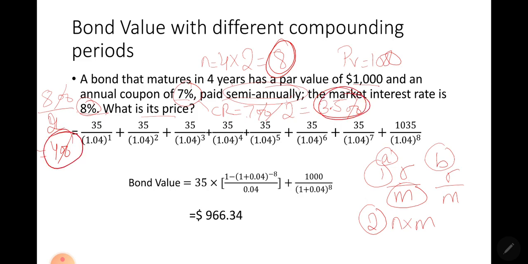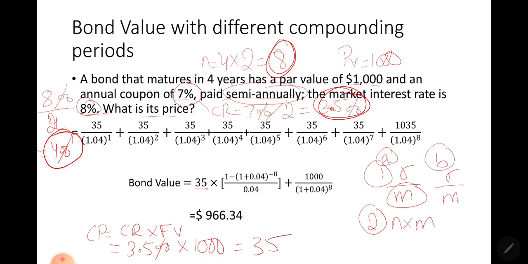The steps will still remain the same. So now the coupon rate is 3.5%. That means the coupon payment is now 3.5% times 1000, so the coupon payment is now 35.